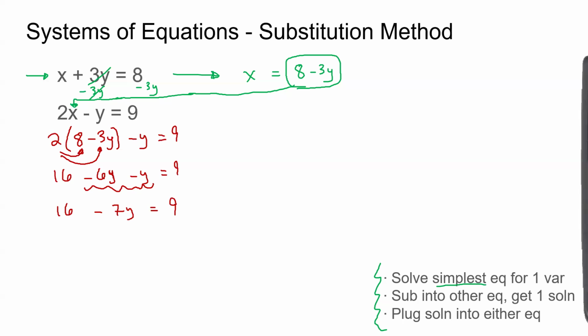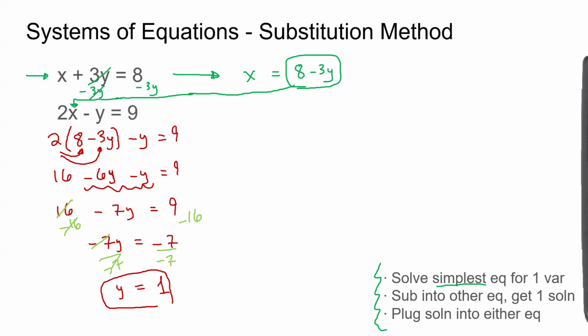We'll go through and subtract 16 from both sides to cancel it on the left. And when I do that, I'll have negative 7y equals 9 minus 16, which is negative 7. Clearly, I need to divide by negative 7 here to get y by itself. And you can see here that y is going to be equal to 1.